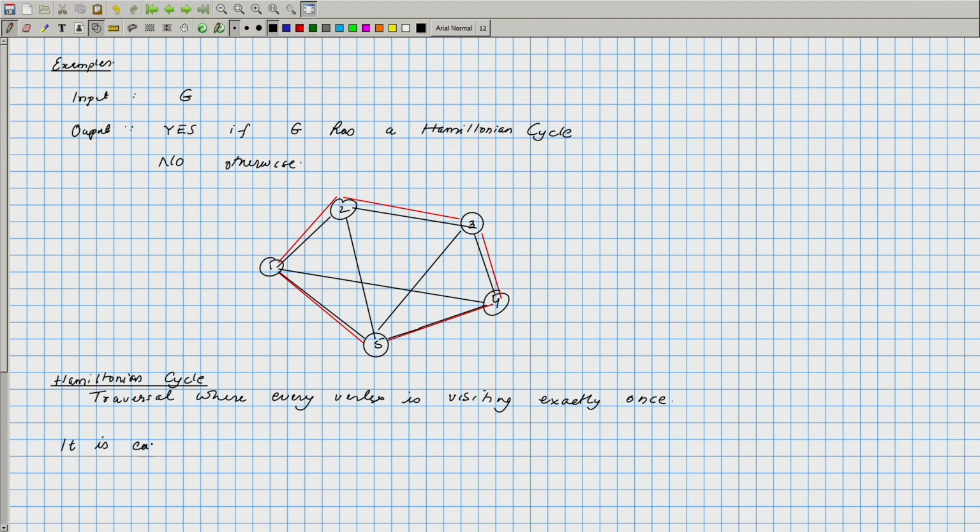So, it is easy to verify or check that a particular sequence of vertices is a Hamiltonian cycle.